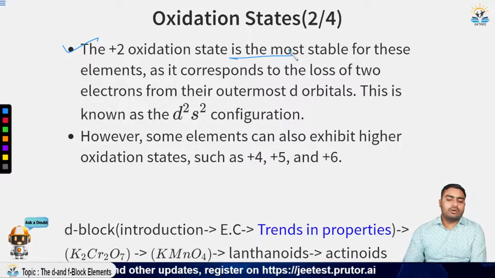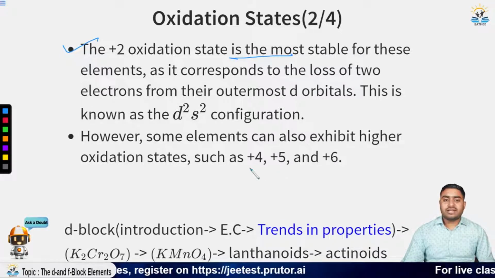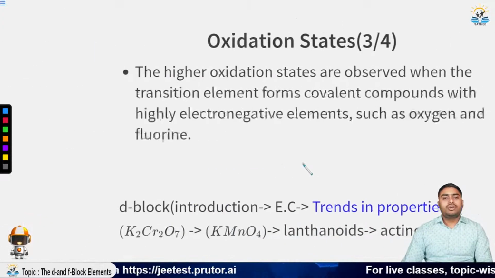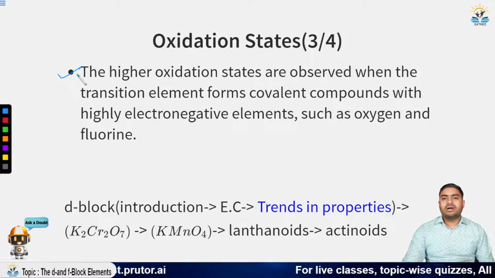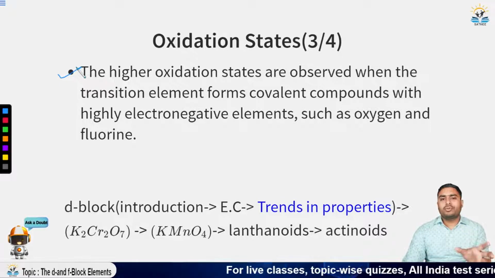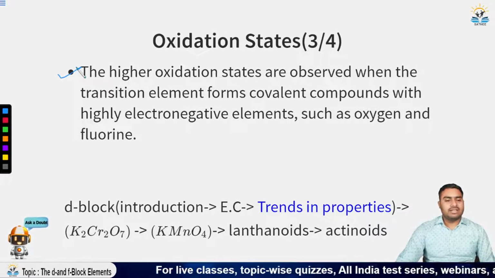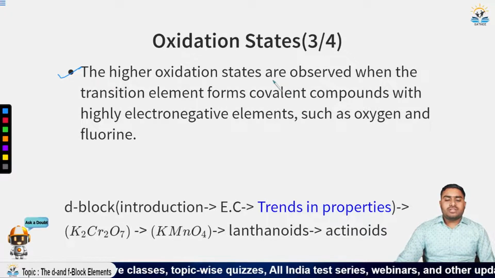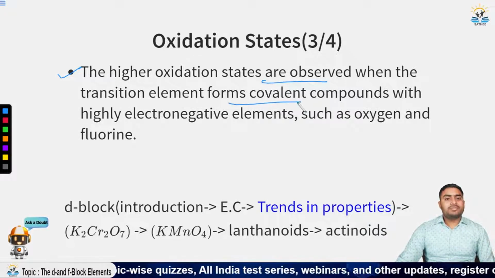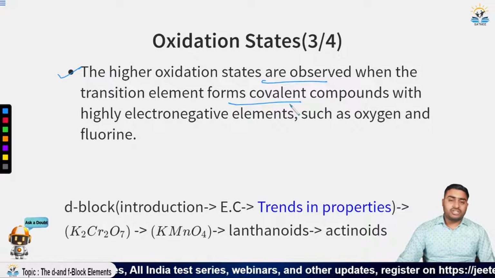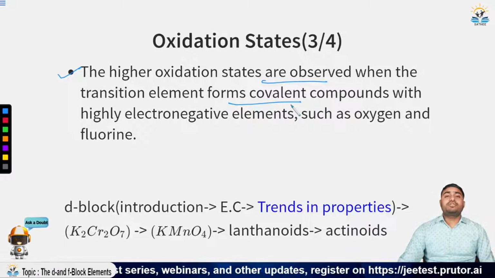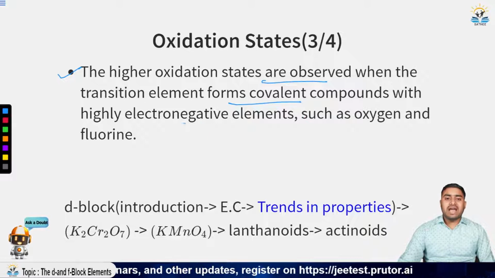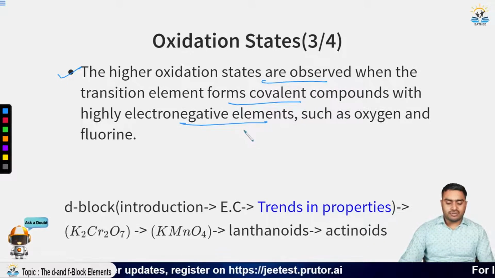However, some elements can also exhibit higher oxidation states like +4, +5, and +6. I will show you the entire tabular form of oxidation states of the 3d series. The higher oxidation states are observed when the transition elements form covalent compounds, that means by mutual sharing of electrons with highly electronegative elements such as oxygen and fluorine.